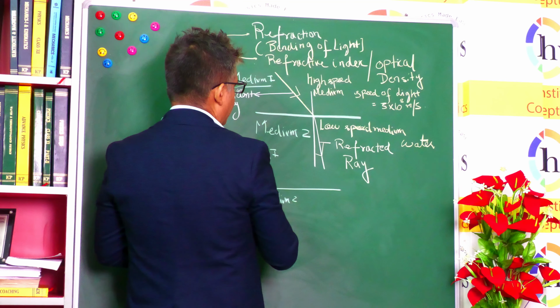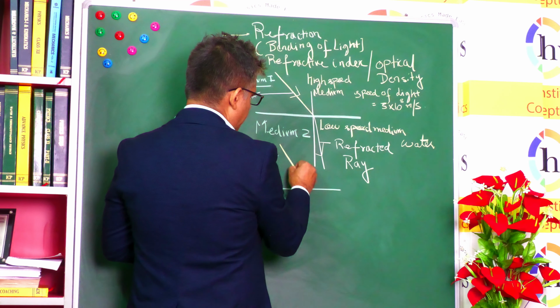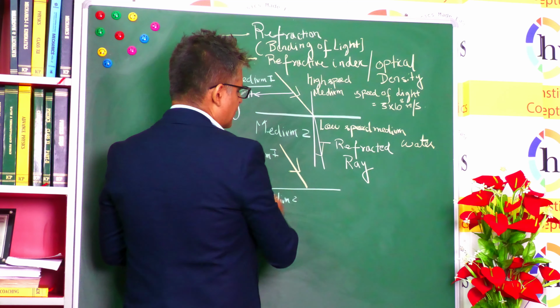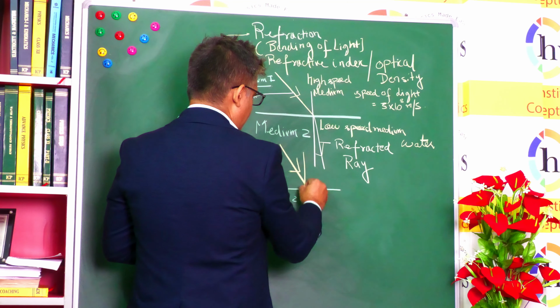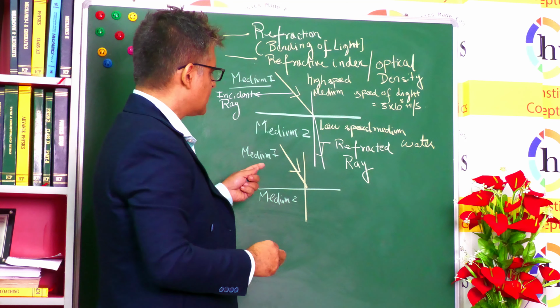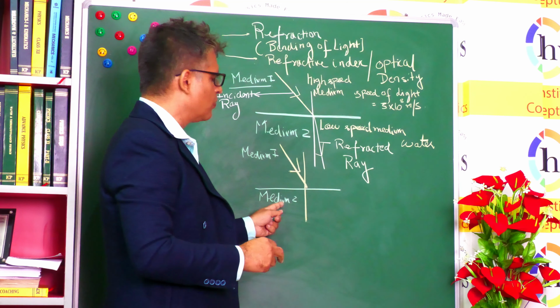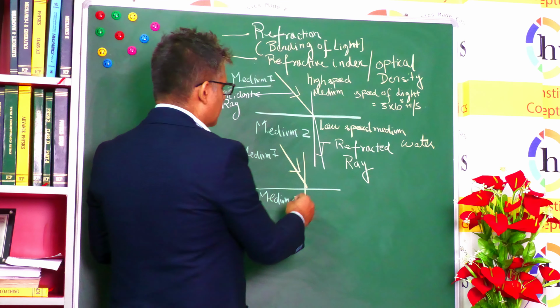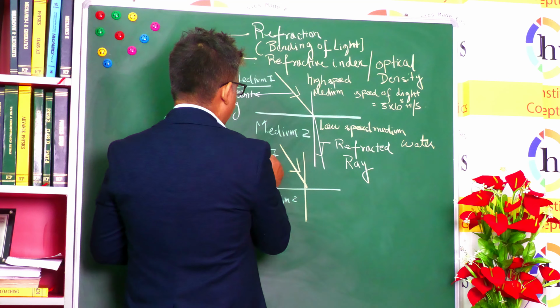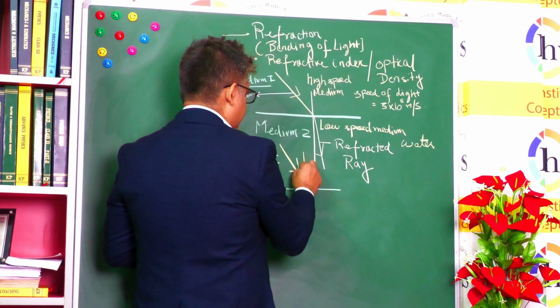The light comes in, as in geometrical optics, and there is a normal. If medium 1 has less refractive index as compared to medium 2, then this is called less dense and this is more dense. The light bends towards the normal, right?